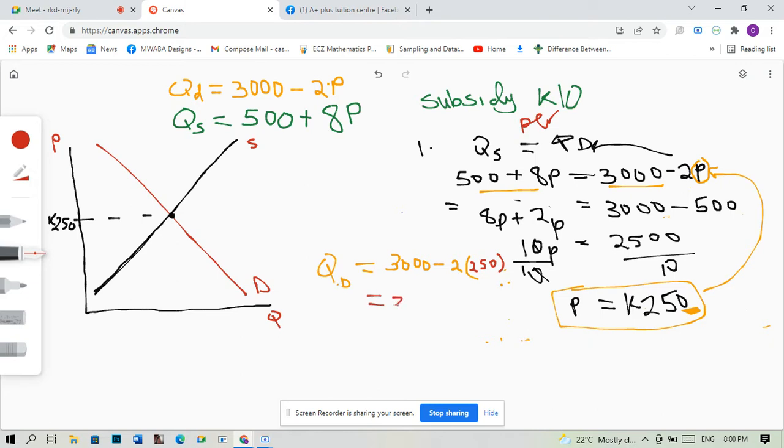So 3000 minus 500 equals 2500. So that's the equilibrium quantity, 2500.